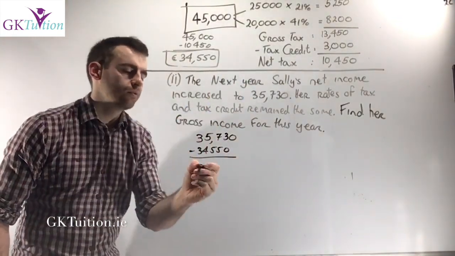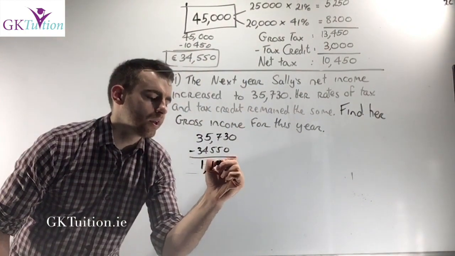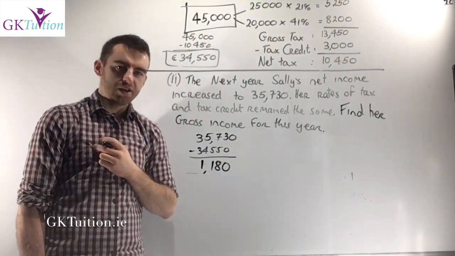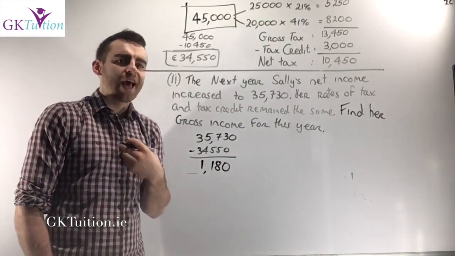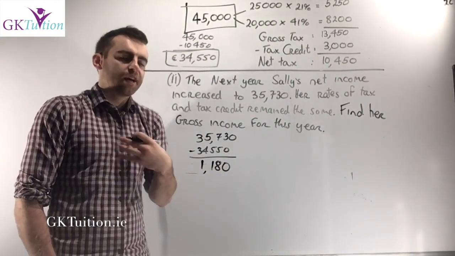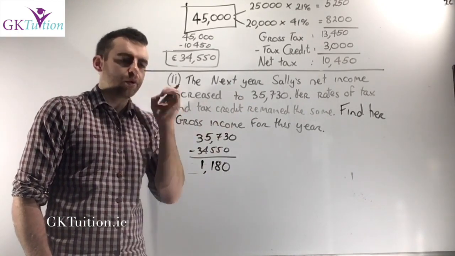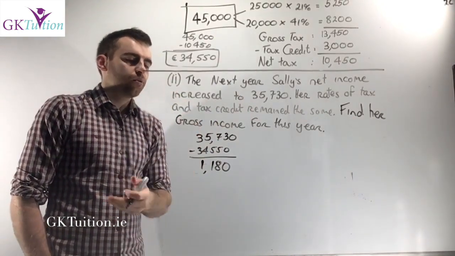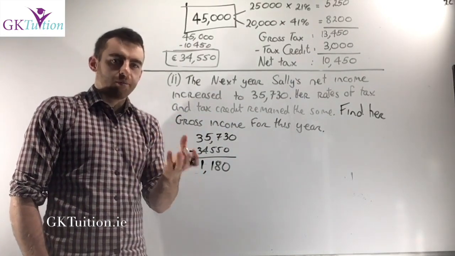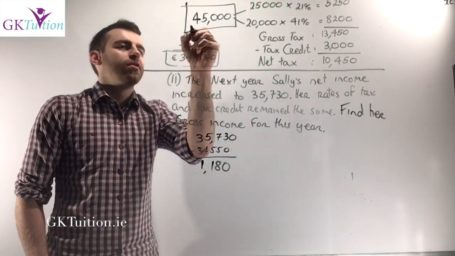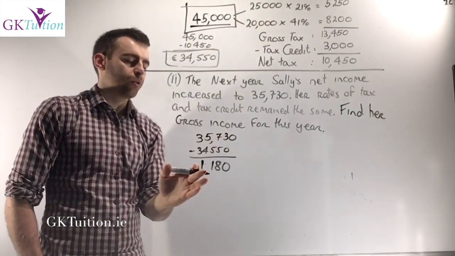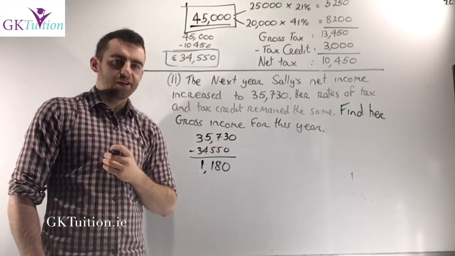If we subtract these two figures, we work out that the increase in her pay was 1,180 euro. She has received an extra 1,180 euro net income. And I need to use this figure to work out how much her gross income has increased by. What must this figure have become so that ultimately she ended up with an extra 1,180 euro?